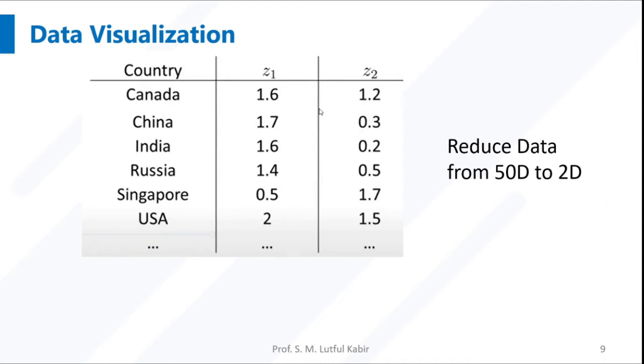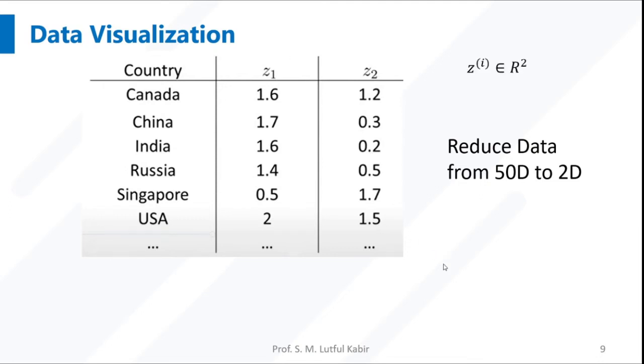This particular z1, z2 may not have any physical meaning, but these are obtained from the given data, so they represent the given data. So if we can plot this data, then we can visualize the relative difference between the countries.